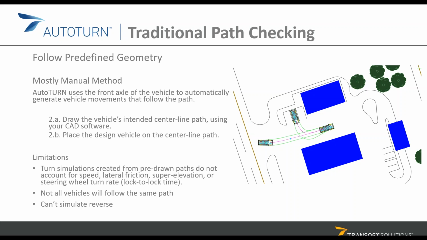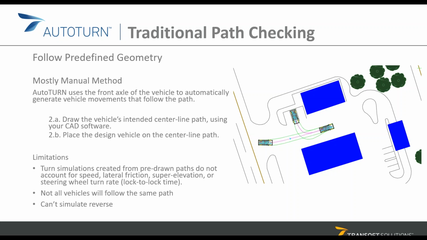The first thing that will come up is that not all vehicles will be following the same path. Larger vehicles will do different maneuvers than smaller vehicles. So it can be quite challenging to come up with a predefined path that will work and make sense for all these vehicles. So a lot of experience will be needed for that purpose.